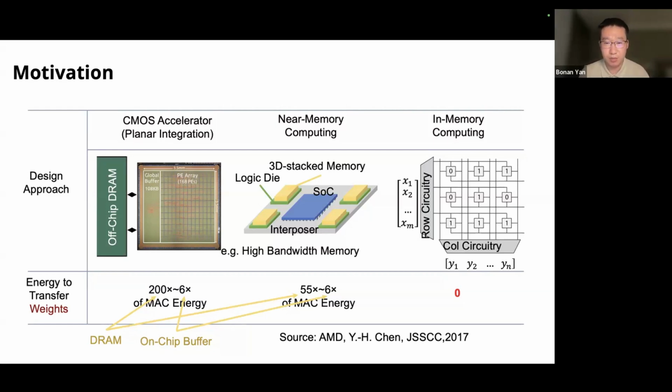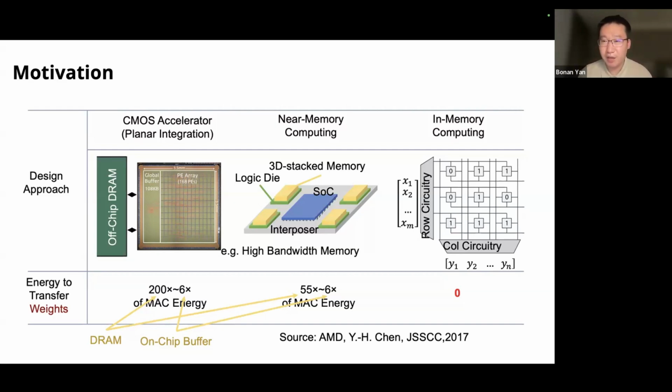We move the processing to the side of the memory chip, and lower the energy cost of transferring the weights or parameters of the AI models from 200 times to 55 times, and the six times is on-chip data movement using the SRAM.